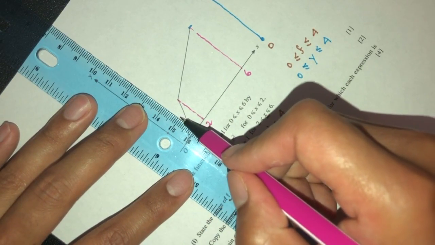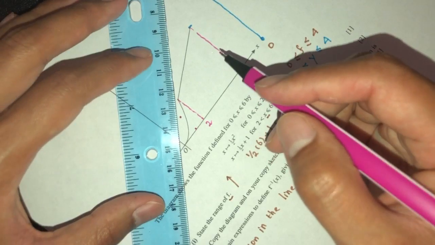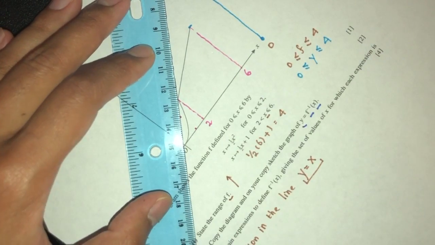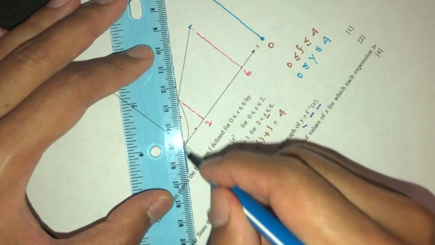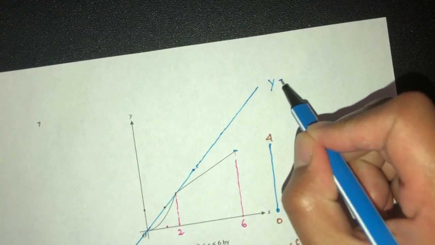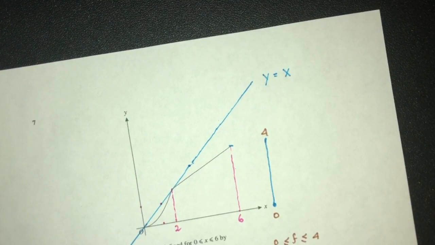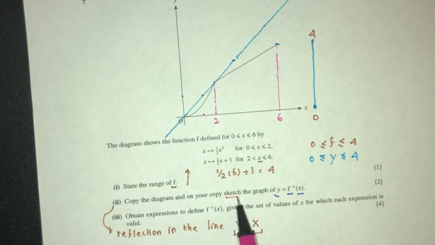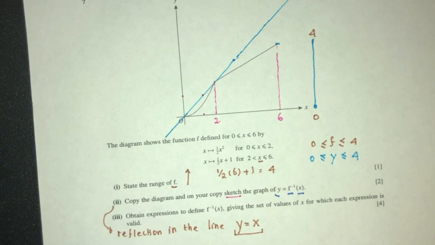If I join 0 to this line, that will be my line y equal to x. Now we understand that it is only a reflection. Again, it is only a sketch. It doesn't need to be exact. We can freehand this if you want to.